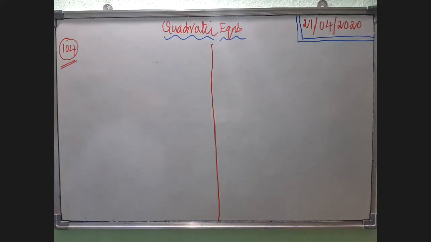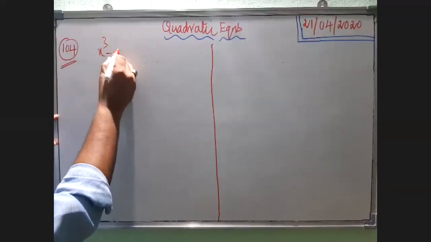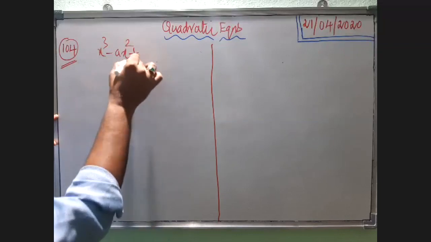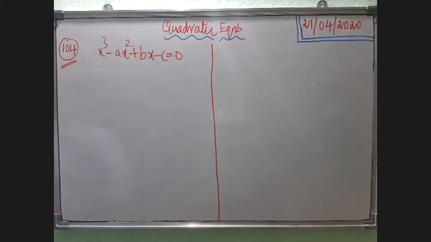The question says, consider x cube minus ax square plus bx minus c equal to 0. He had given a cubic equation, where a, b, c are rational numbers and a is not equal to 1.